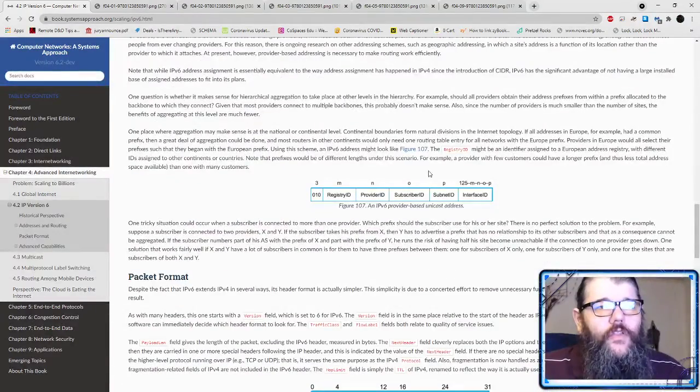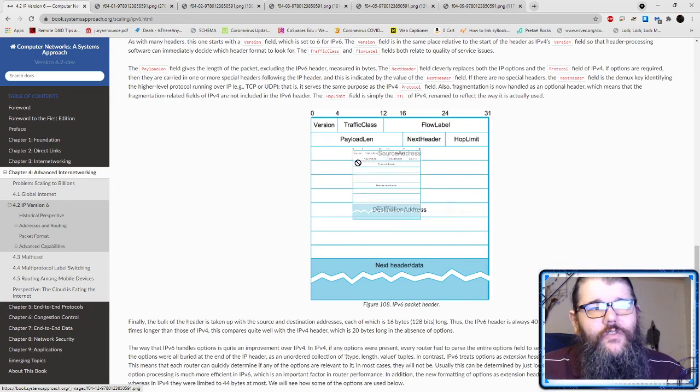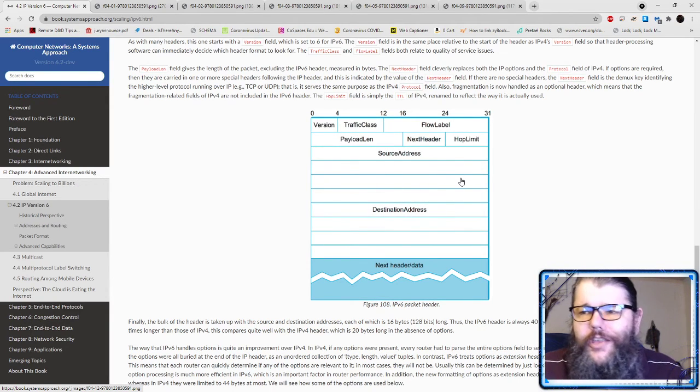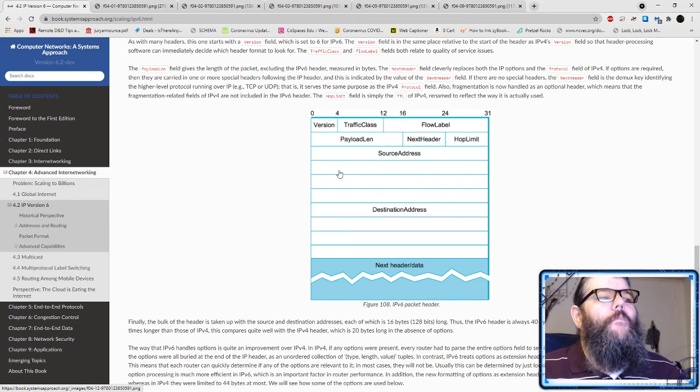Instead of using 32 bits for the address, like we do in IPv4, IPv6 uses 128 bits. That means there are undecillions of new addresses available. There's no more need for private networks or network address translation or anything like that. Every single device connected to the internet will have its own unique IPv6 address, which is amazing.